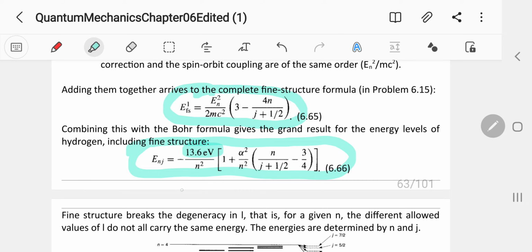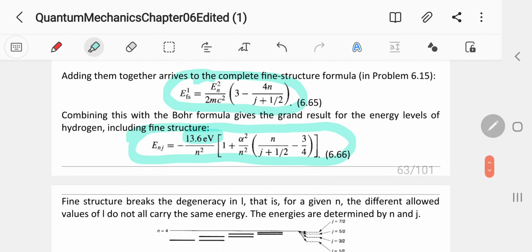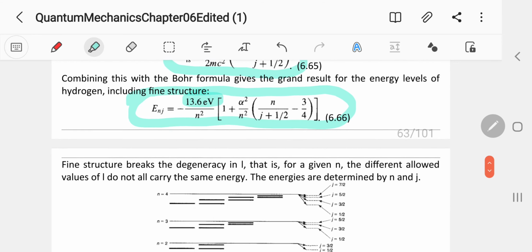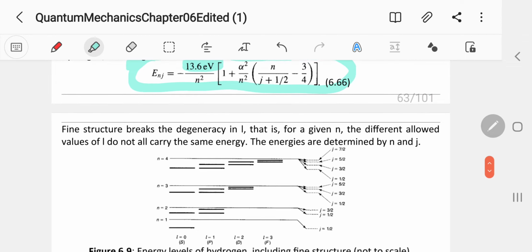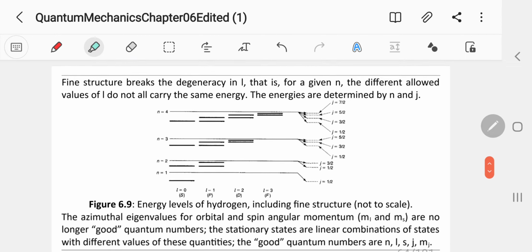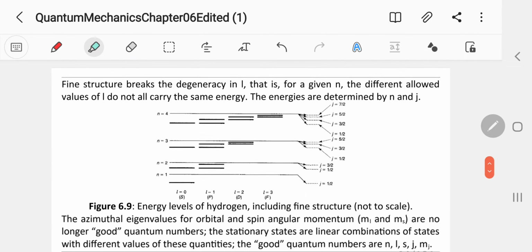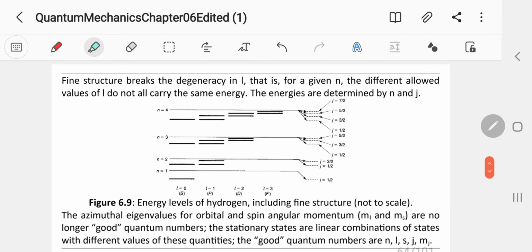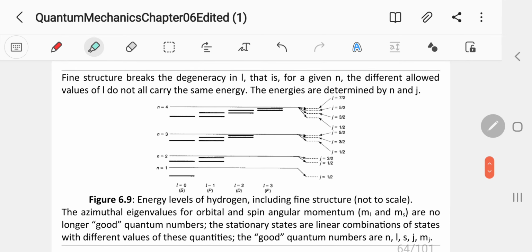So here you have n as the orbital number, and j is of course 1/2, 3/2, 5/2, 7/2, and so on. So these are the energy levels now being split by the j's here.